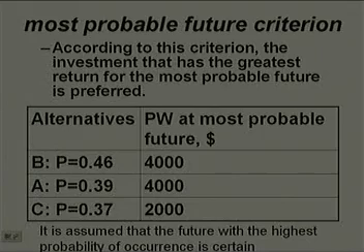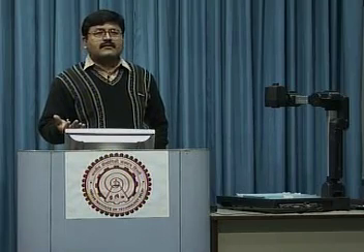Whereas, if you remember the first criterion, expectation variance, which we discussed just a while ago, we had rejected alternative B straight away. So, what is happening? Different criterions are giving me different results, and sometimes it may so happen that even by using the same criterion, some people or maybe different people may arrive at a different decision.